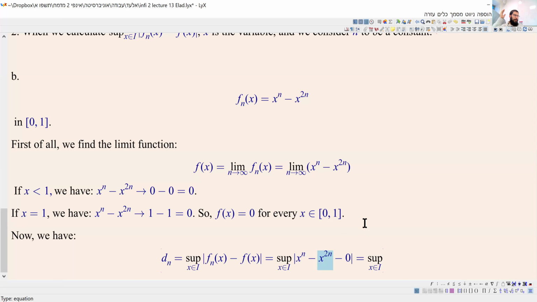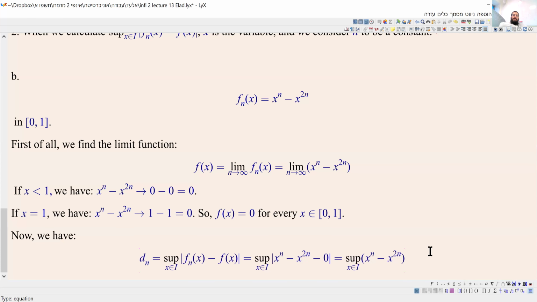For example, if you take half, half to the power of 3 is larger than half to the power of 6. The greater the power, the smaller the expression is. So x^n minus x^2n is a positive, or at least non-negative expression. We can say goodbye to our little friend, the absolute value.